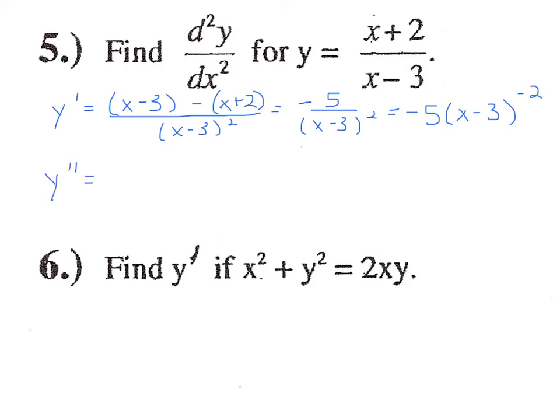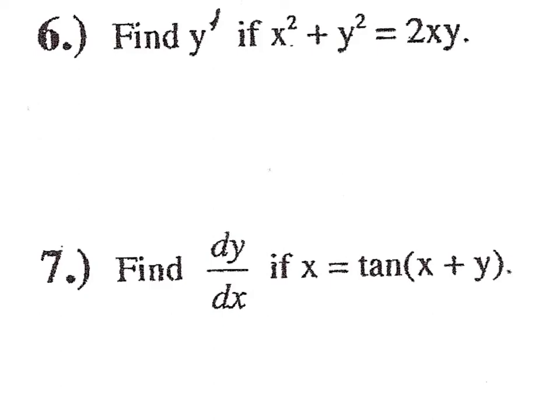So we'll get a positive 10 times (x minus 3), and we'll subtract 1 from the exponent, so that will be to the negative third. And we still need to take the derivative of the inside, but that will just be 1. So it's really just multiplied by 1. So then our final answer will be 10 over (x minus 3) cubed.